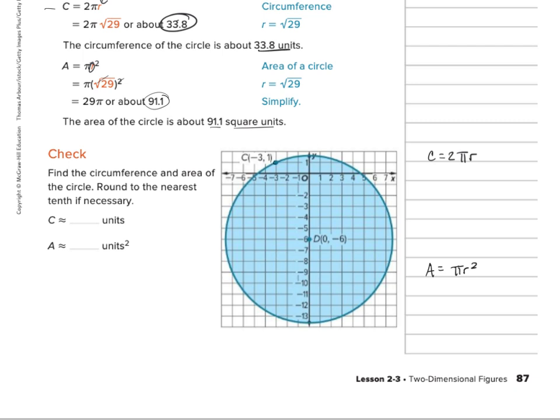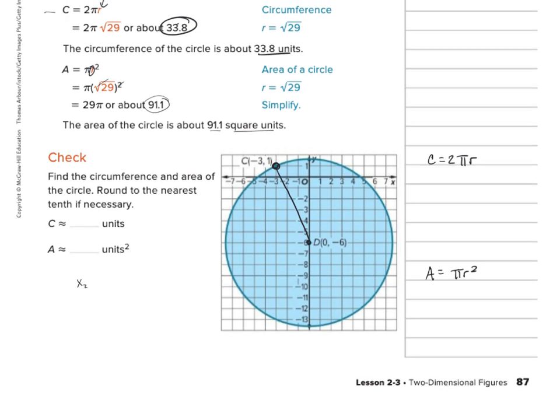So we have an endpoint on the circle, we have a center point on the circle. So my distance formula: x2 minus x1 squared, plus y2 minus y1 squared, and we're finding the square root of that. So radius is equal to that. So one moment, let's fill in the information.